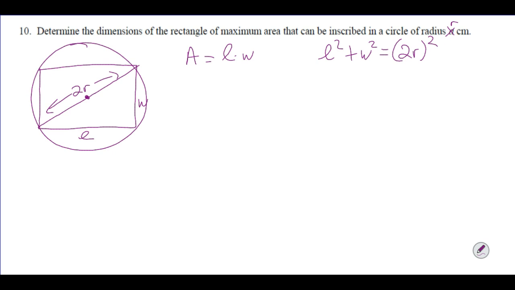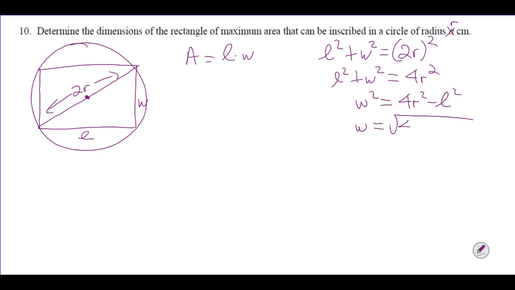Okay, so here's what we're going to do. We're going to solve this for W, then work area in terms of length, and then do the derivative. So L squared plus W squared is 4R squared. Remember, R is a constant. W squared is 4R squared minus L squared, and so W is the square root of 4R squared minus L squared.